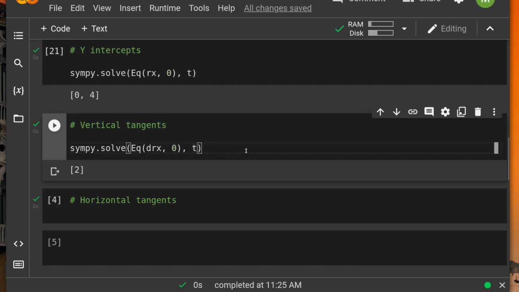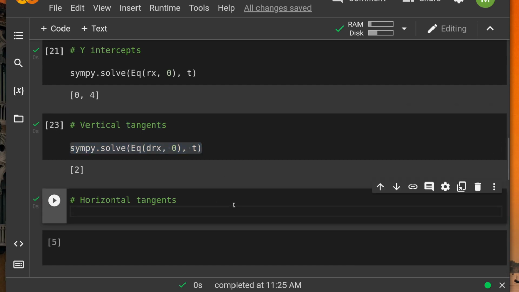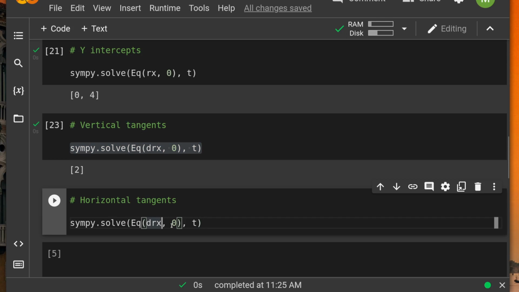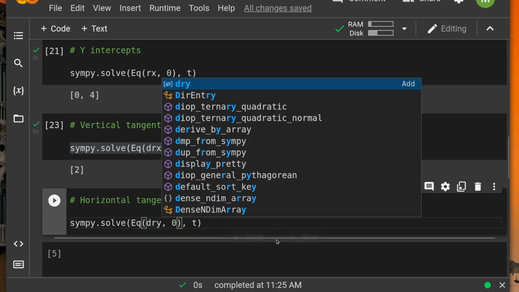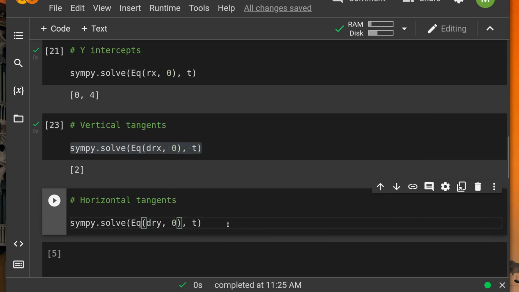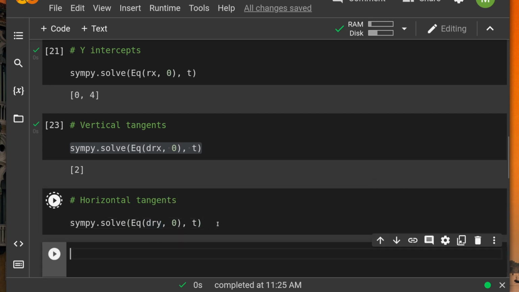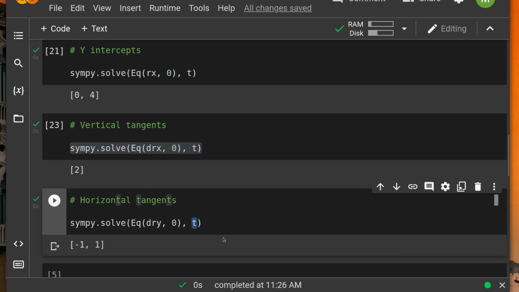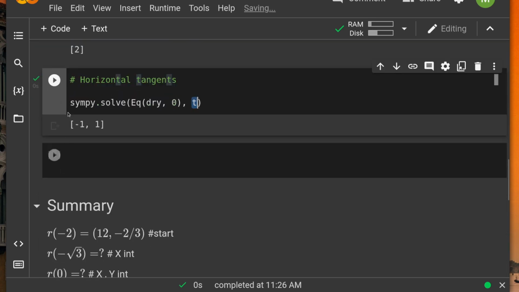Okay, and let's move on to the horizontal tangent. That is where the derivative of our vector function has a 0 y component. So let us solve for the parameters where the derivative of our vector function has a 0 y component. So the parameters have values -1 and 1.